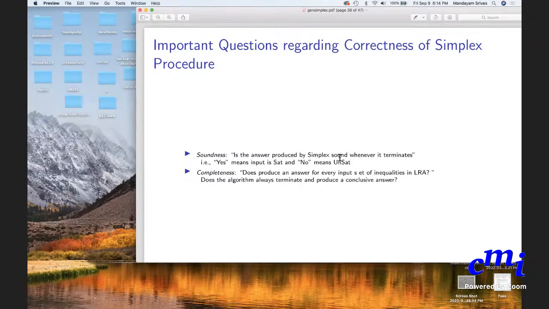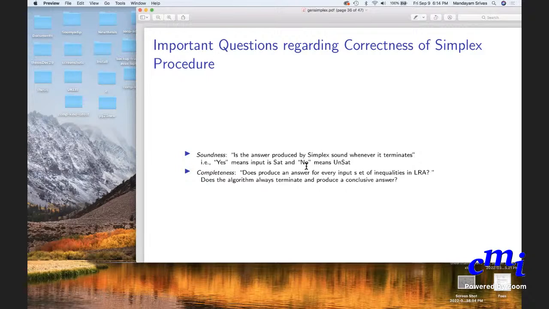is correct, that it is sound whenever it terminates. That indeed when it says yes, it is satisfiable, it means that the variable assignment that is produced at the end is indeed a satisfying assignment for the set of input constraints.